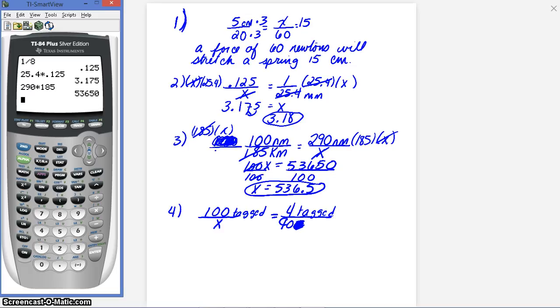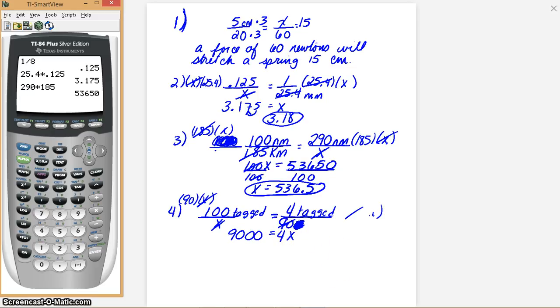Now remember, when you're doing proportions, the same units are in the numerators and the same units are in the denominators. When you're doing dimensional analysis, you want them on opposite sides so you can cancel them out. So if I multiply this side by 90 and x, my 90's cancel. And if I multiply this side by 90 and x, my x's cancel. So then I have 90 times 100 equals 4x.